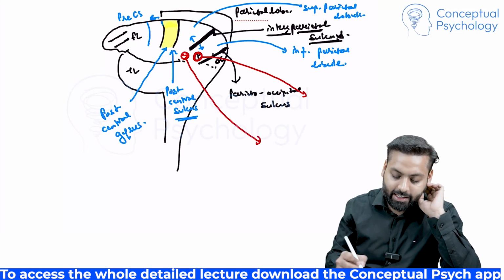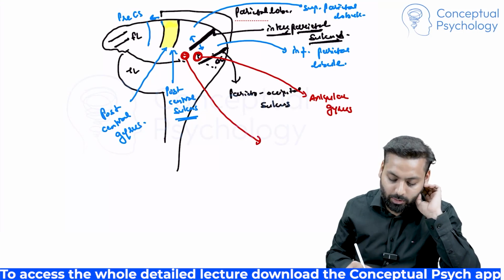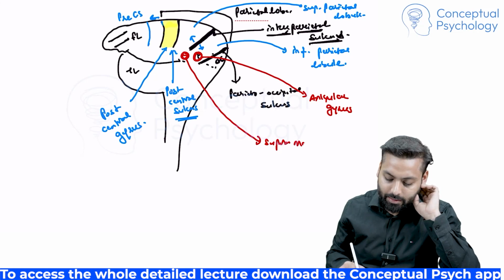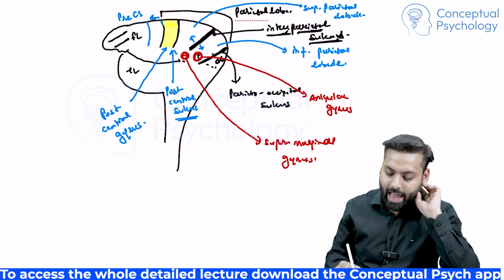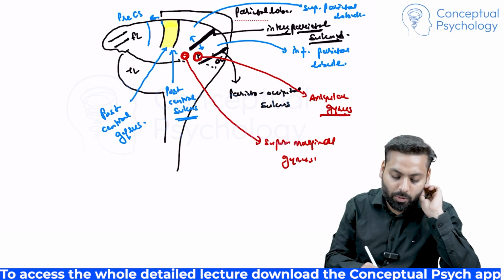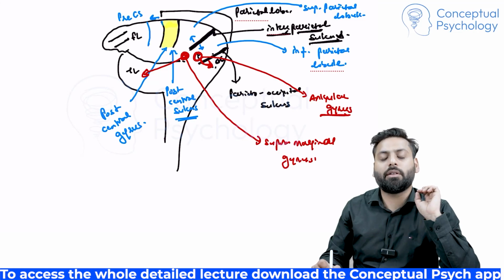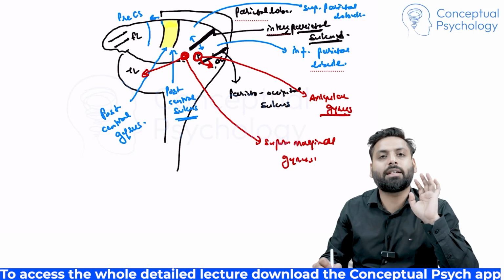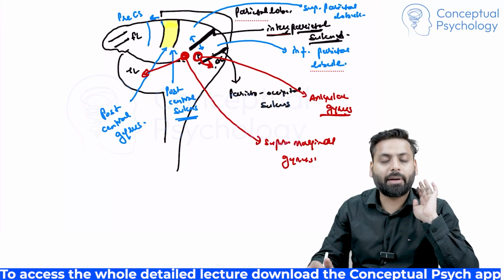The area here is known as the angular gyrus, and the area here is known as the supramarginal gyrus. Angular gyrus is closer to the occipital lobe, whereas supramarginal gyrus is closer to the temporal lobe. Just remember this. But both are parts of the parietal lobe.